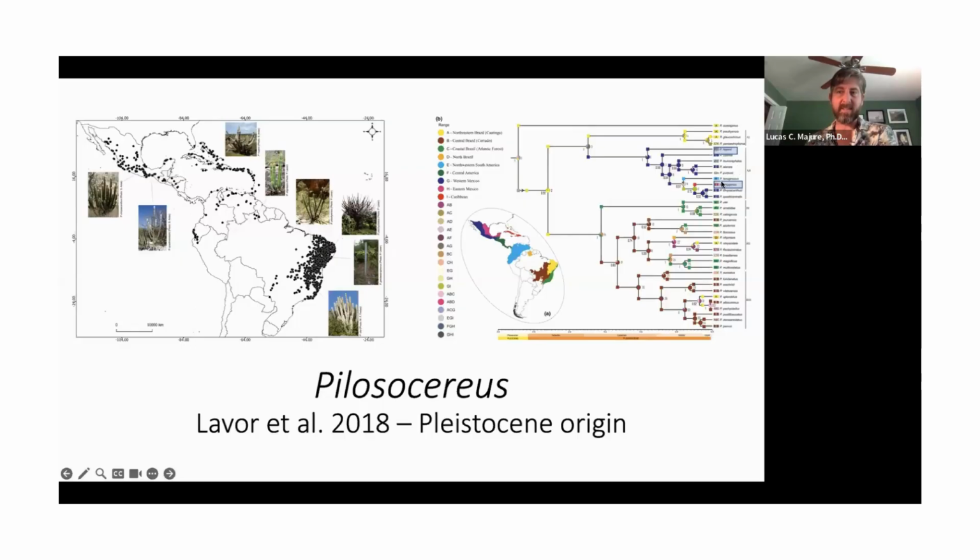What that tells us is that this group of plants has made it into the Caribbean more than once. In this phylogeny, you could say it's made it twice, right? But if you were to include all the Pilosocereus, who knows? Maybe they've made it there 4 or 5 or 6 times. Hopefully we'll figure that out at some point.